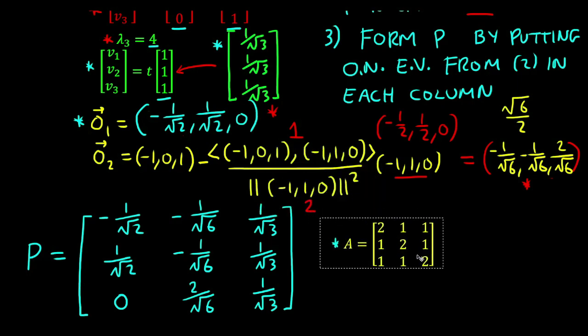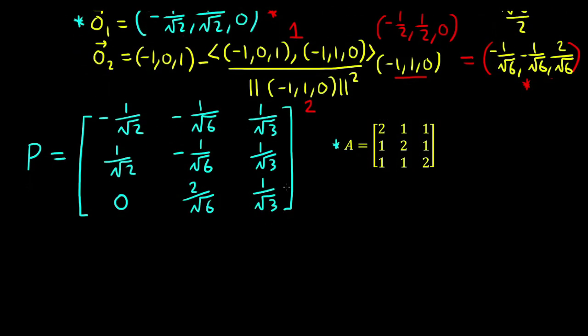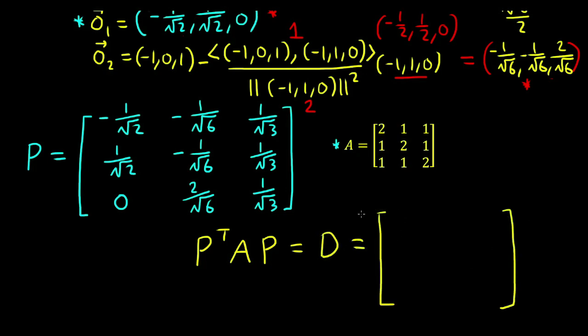So given our matrix A, if you transpose P and multiply it by A and then by P, you'll get a diagonal matrix, and each entry on the diagonal of this matrix gives the eigenvalue corresponding to each of these eigenvectors.